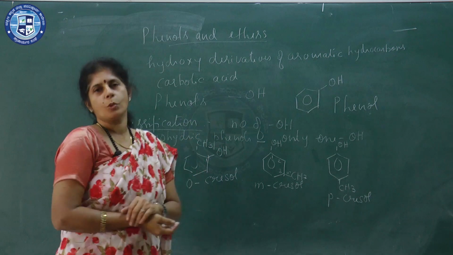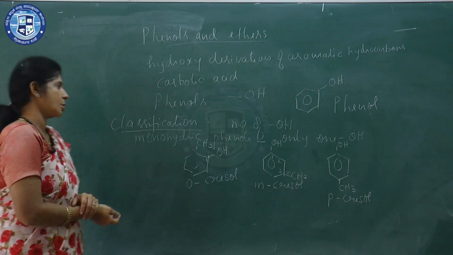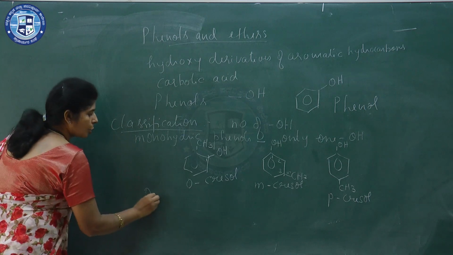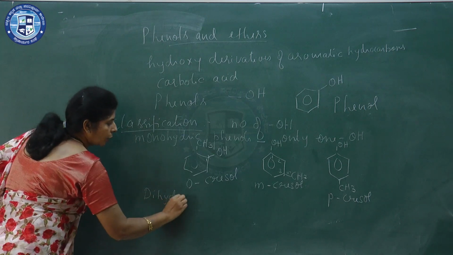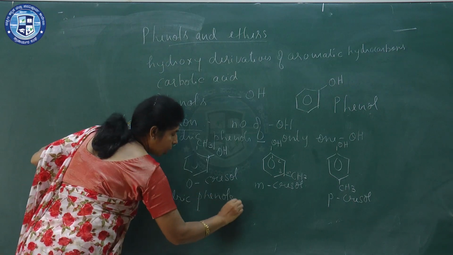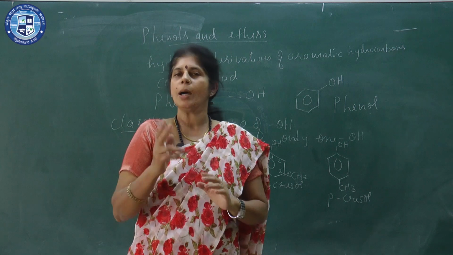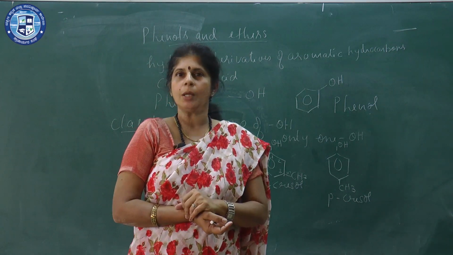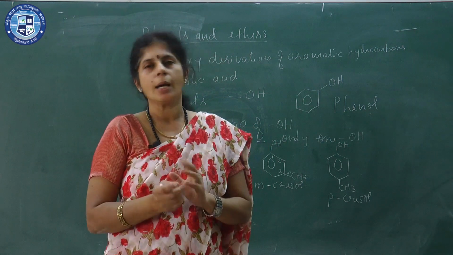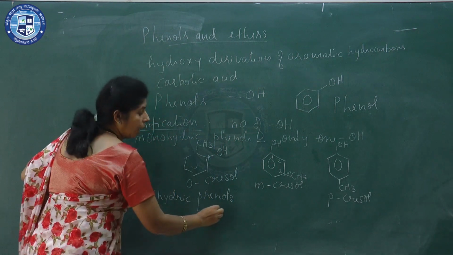If the aromatic ring structure contains two hydroxy groups, they are known as dihydric phenols. So let us take up examples of dihydric phenols now, where two OH groups are simultaneously attached to the aromatic ring structure.